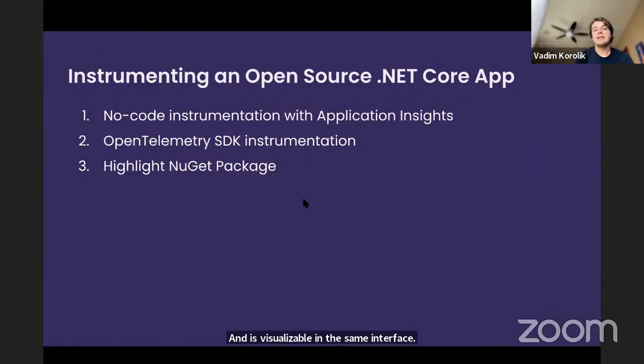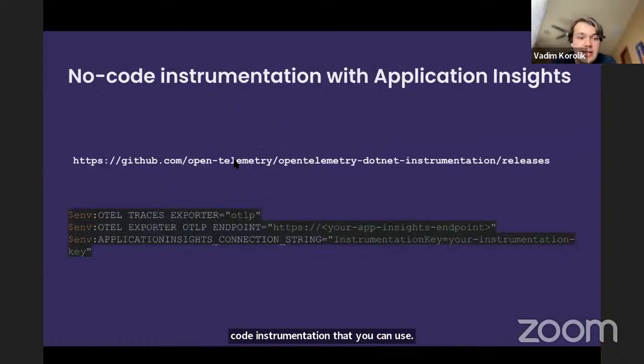The .NET ecosystem is actually very OpenTelemetry friendly, and there are a few ways to accomplish this. First, with Application Insights, there's actually a no-code instrumentation that you can use to set up OpenTelemetry. The way that would work is by installing the OpenTelemetry NuGet package and setting up some environment variables that will automatically start piping data over.